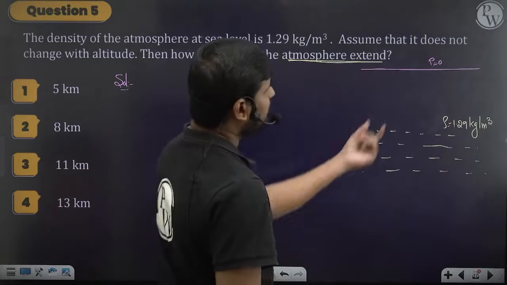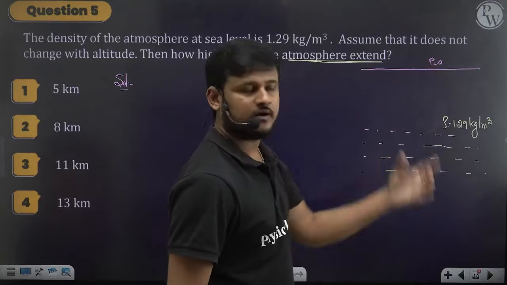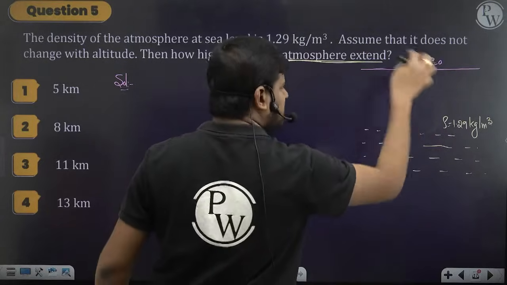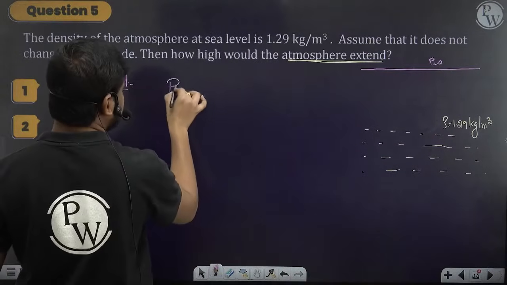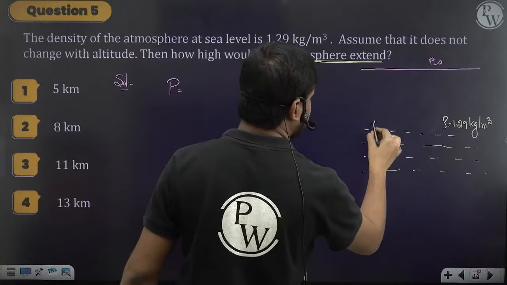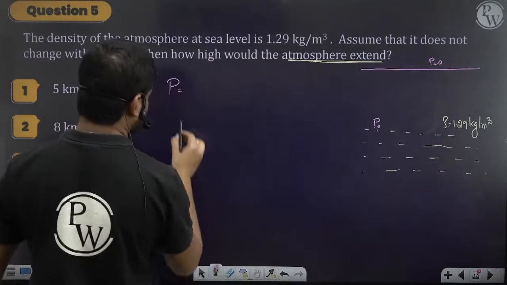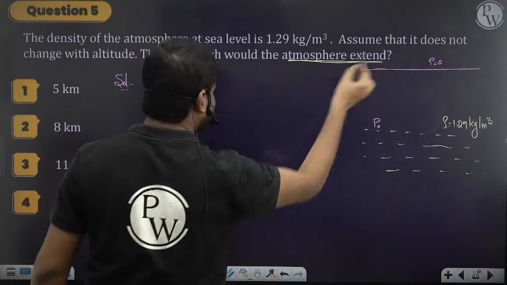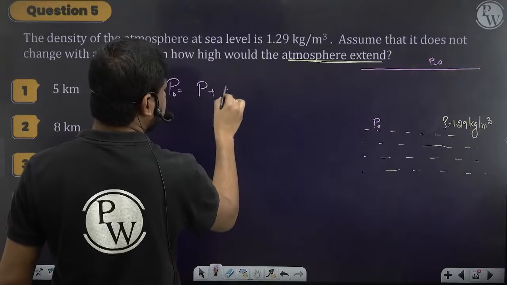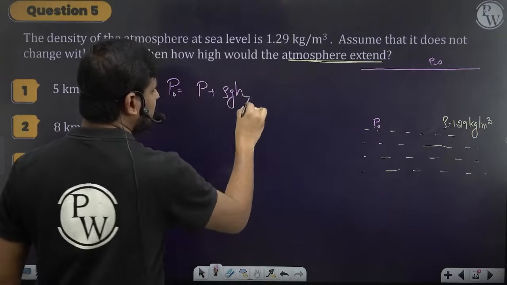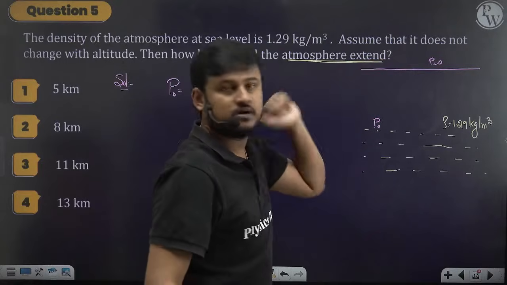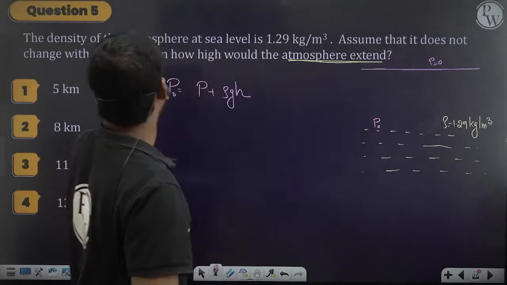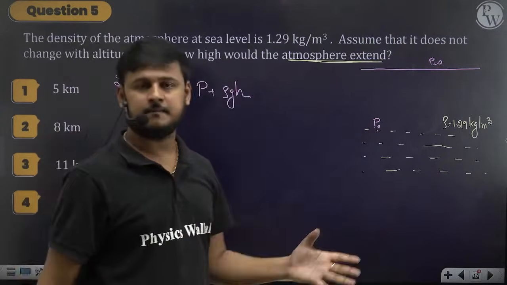Now from here to here I am writing the formula. Let the pressure here be some P naught. So P naught is equal to the initial pressure P plus rho g h. Don't get confused. We are coming from the top to here. We are not talking about inside the sea.